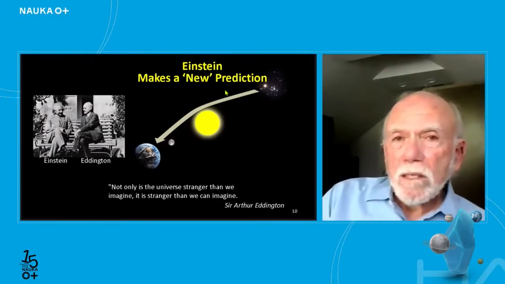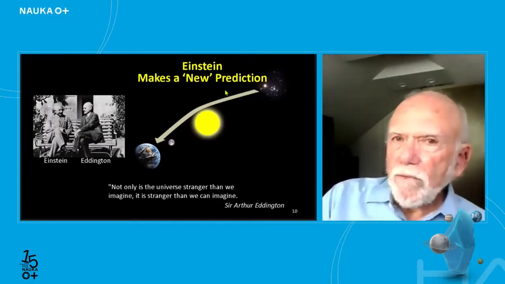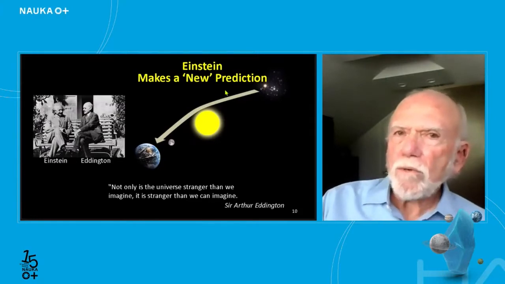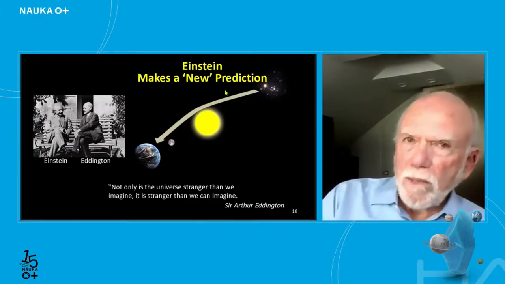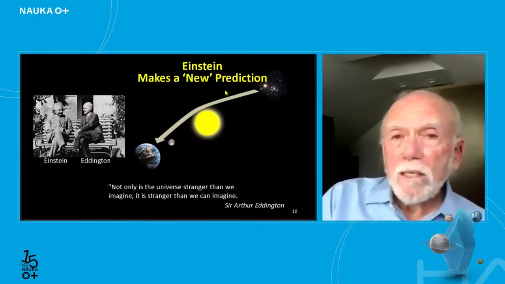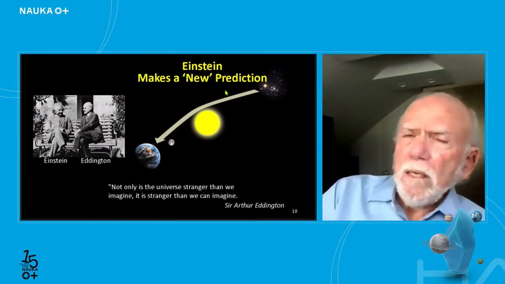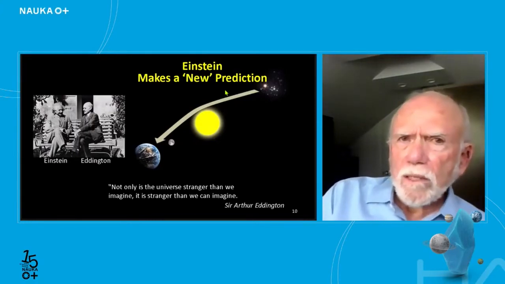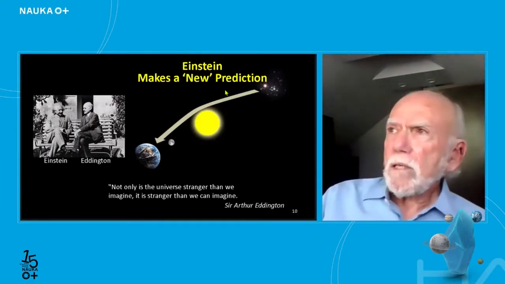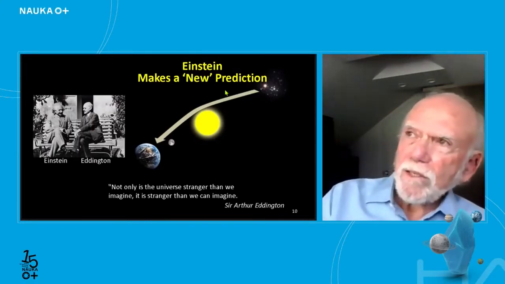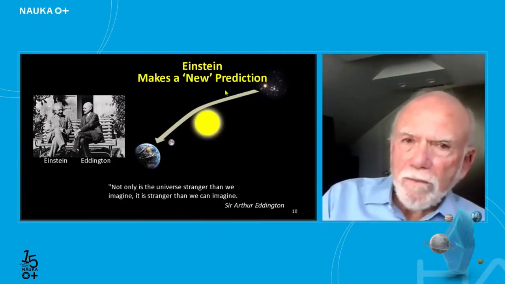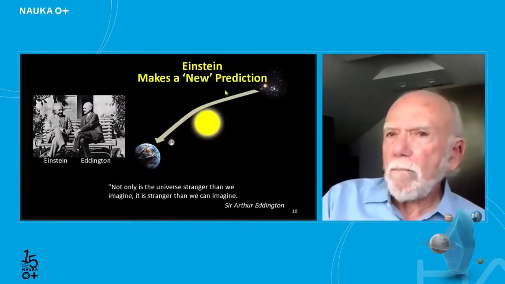So basically, he predicted that if we could look at objects going behind the sun, we could see it bend. The time when we can do that is when there's a full eclipse of the sun. So the idea that he had is when there's a full eclipse of the sun, look at stars that are moving just behind the sun and see if they bend like they might.